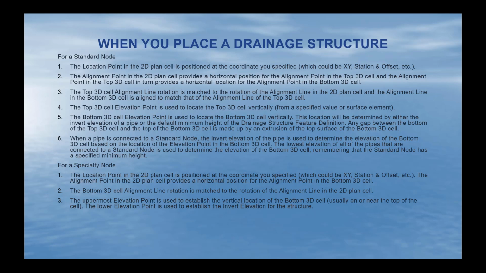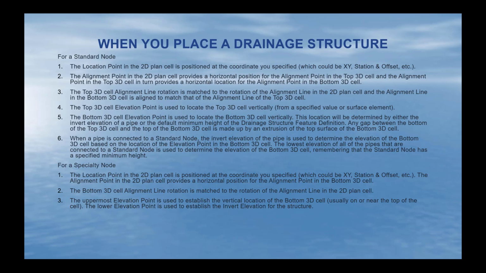It then uses the top 3D cell elevation point to locate the top 3D cell vertically in your file. You can use a specified value or actually have it snap to a surface element. The bottom 3D cell elevation point is used to locate the bottom 3D cell vertically.